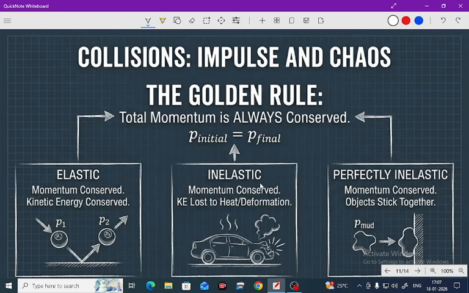In an inelastic collision, momentum is conserved, but kinetic energy is lost to heat and deformation. In a perfectly inelastic collision, momentum is conserved and objects stick together. These are the three types of collision.